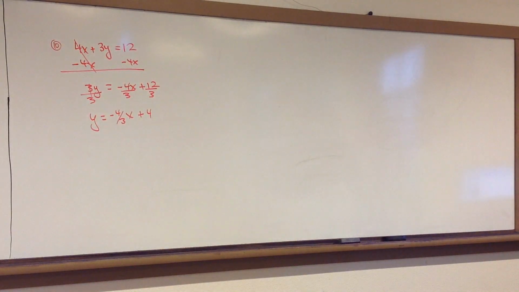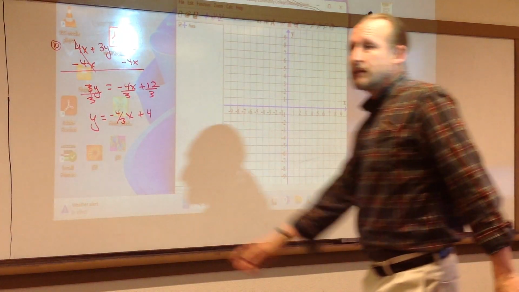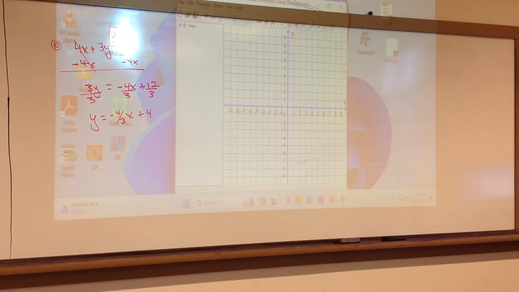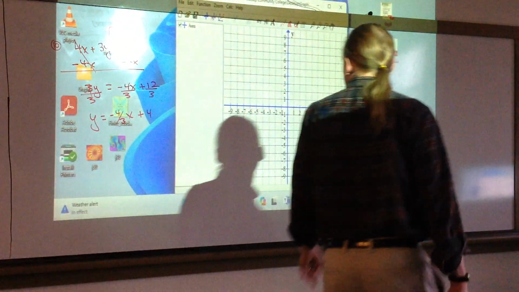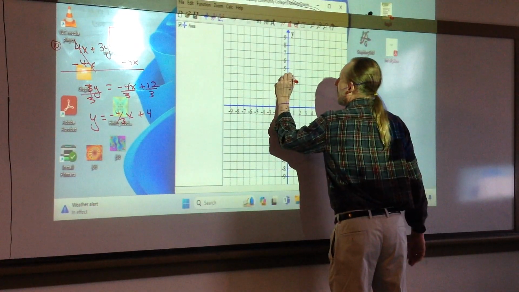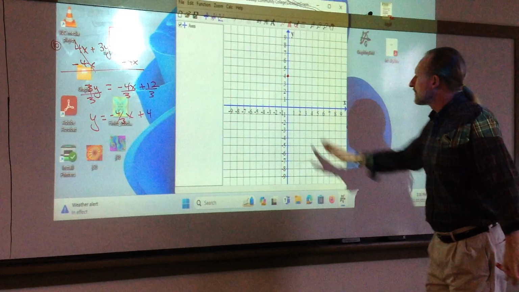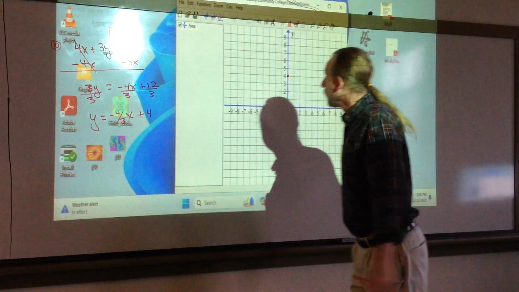So let me get the grid back on here, and then I'll turn the lights down so you can see better. Okay, so this y-intercept at 0, positive 4 is going to be right there. X is 0, y is positive 4. And now the slope is negative 4/3.